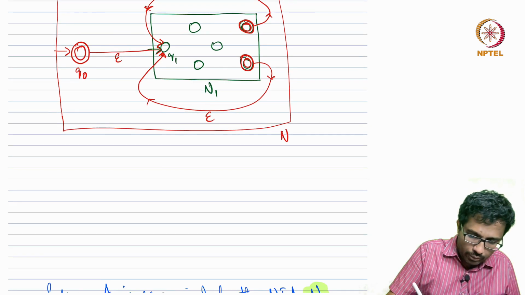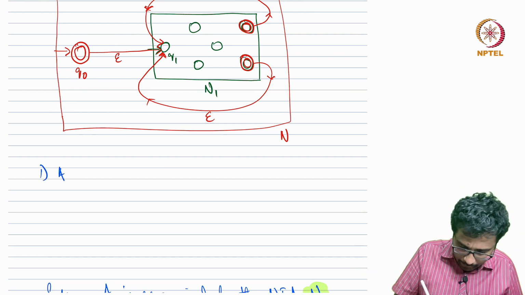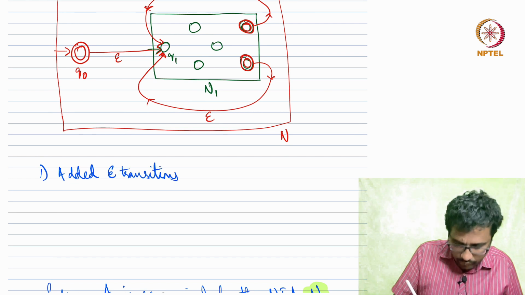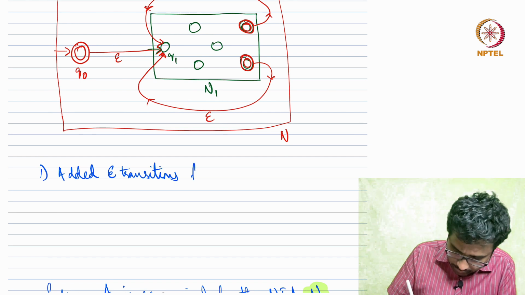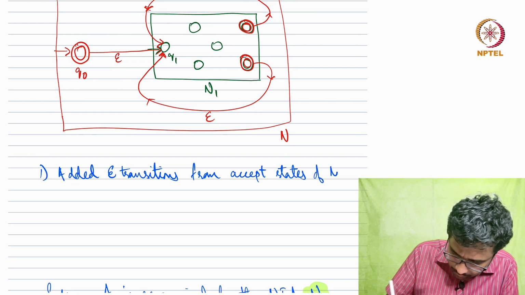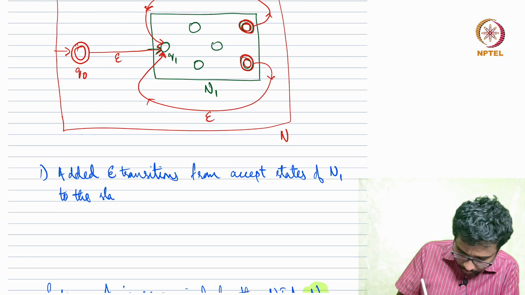So let me just list down what all we did, right? One is that we added epsilon transitions from accept states of N1 to the start state of N1.